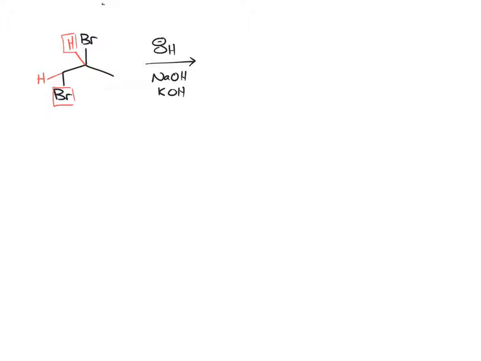The way we're going to show the electron movement for that, our base will come over, grab the proton. These electrons will collapse down to give us the double bond, and we'll lose Br minus. So we get that. Also, our byproduct here would be water.